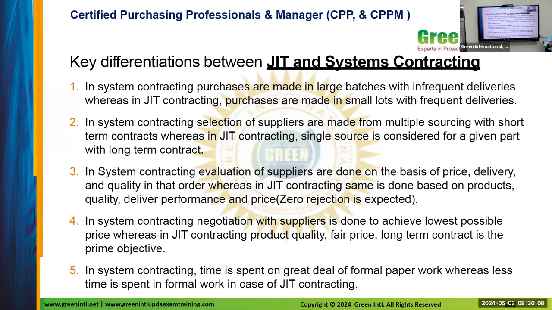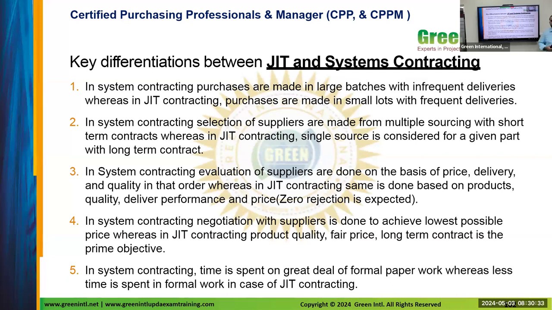Whereas just-in-time is used for those materials which are very critical. Though they don't have lots of suppliers in the market, maybe just 3 or 4 dedicated suppliers, it is more preferred for just-in-time to have a contract with a single supplier, so that there is very, very close and tight collaboration.